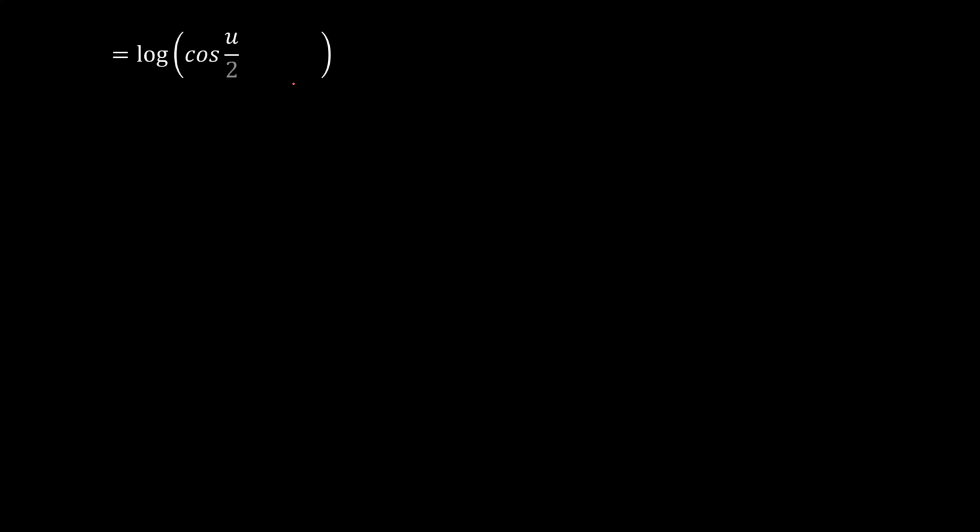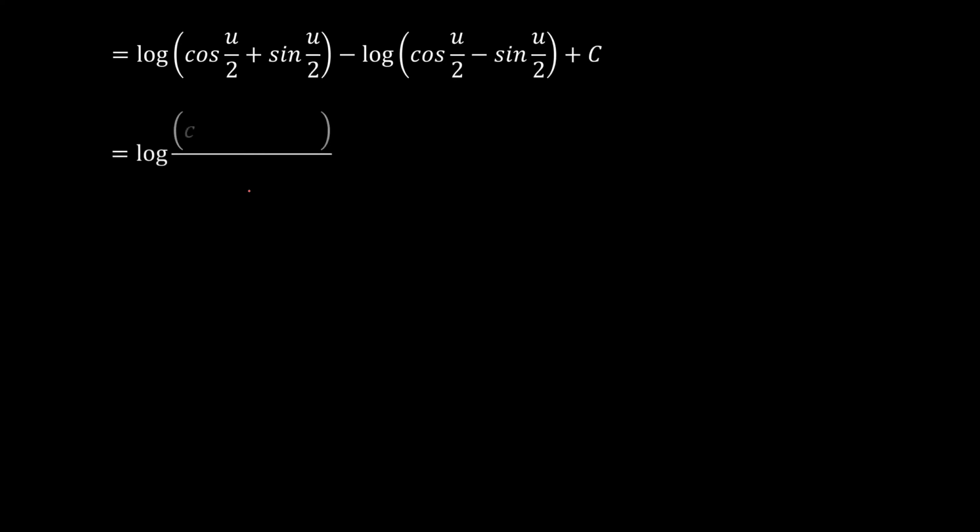So now we can use the rules of logarithm to make a fraction out of it: natural logarithm of cosine u over 2 plus sine u over 2 over cosine u over 2 minus sine u over 2, plus c.